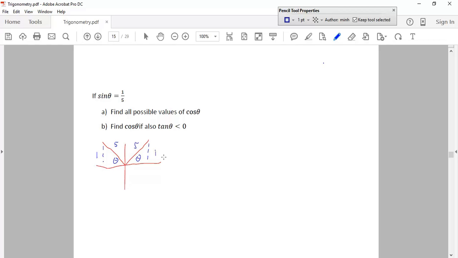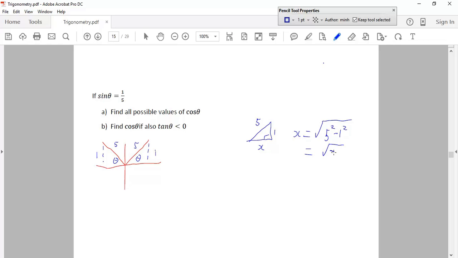So you have to find the adjacent side. So using Pythagoras, it's going to be the square root of 5 squared minus 1 squared because you're finding a shorter side.